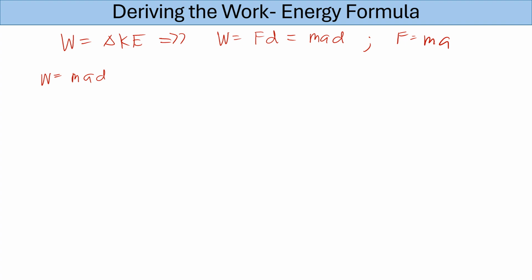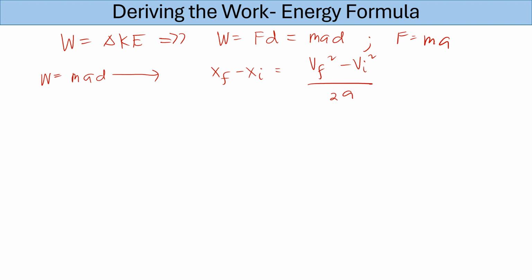And previously from our kinematics, you can actually calculate the acceleration of the body. That is, xf minus xi is equal to vf squared minus vi squared over 2a.